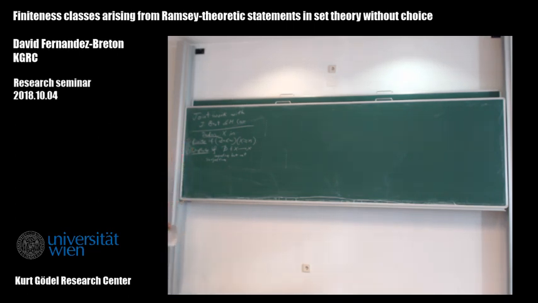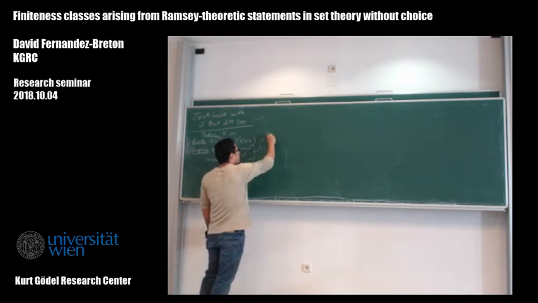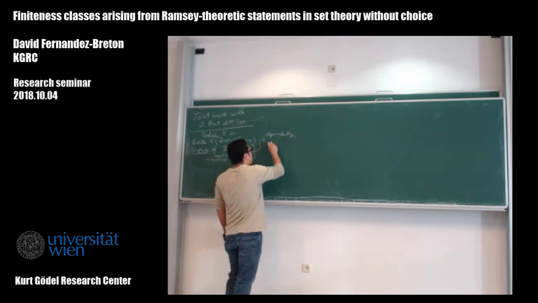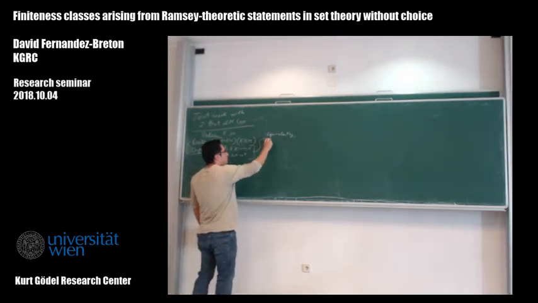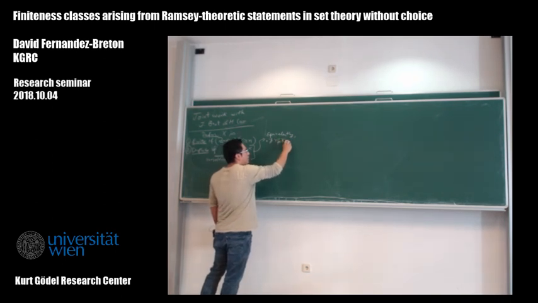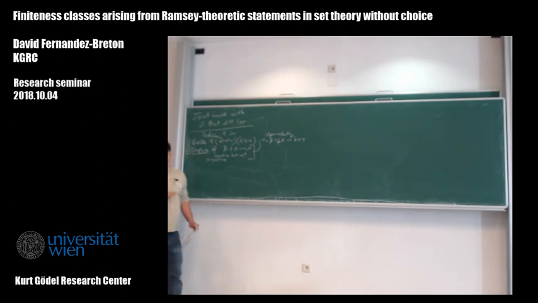Because it's going to be relevant, I'm going to write a couple of equivalences. For this definition, equivalently, you can say there is no proper subset which is equipotent to X.